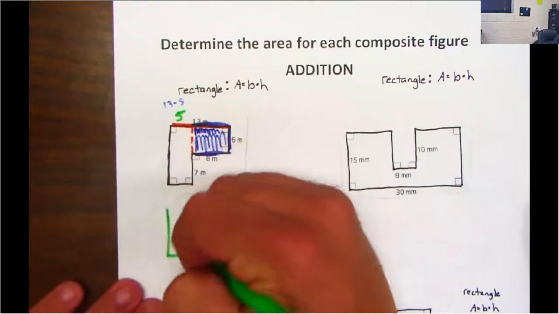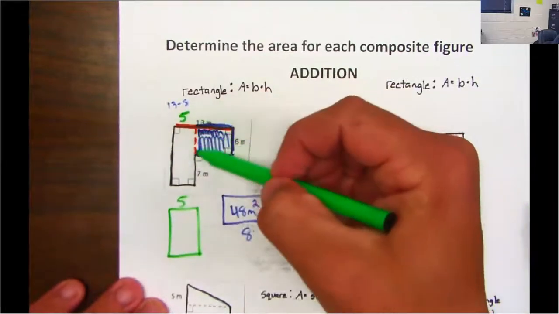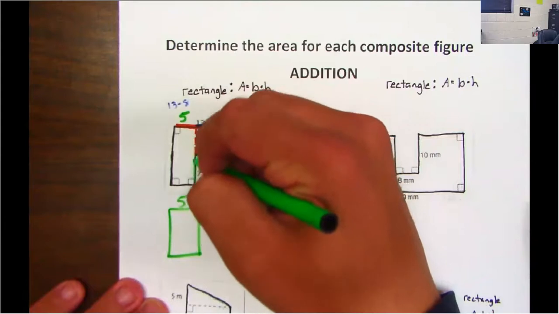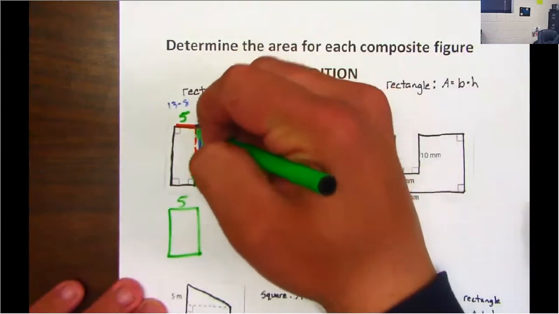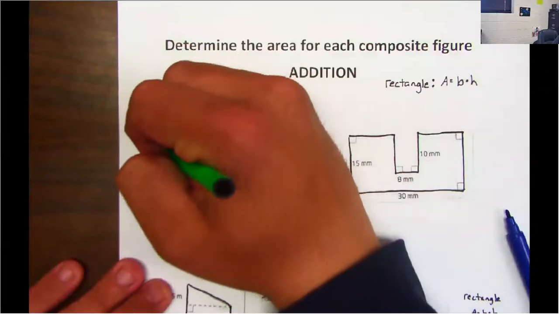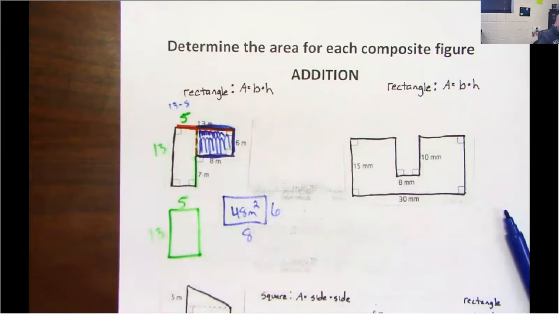So this piece of the rectangle is 5. What about this piece right here? Well, guys, this is 7 plus 6. 7 plus 6 is 13. So we have a 13 by 5 rectangle.